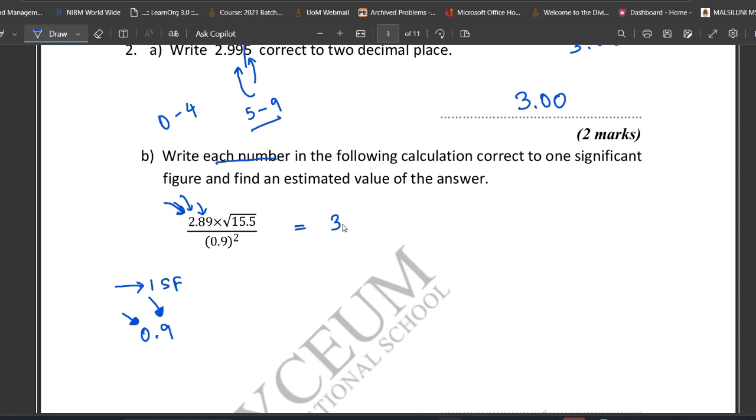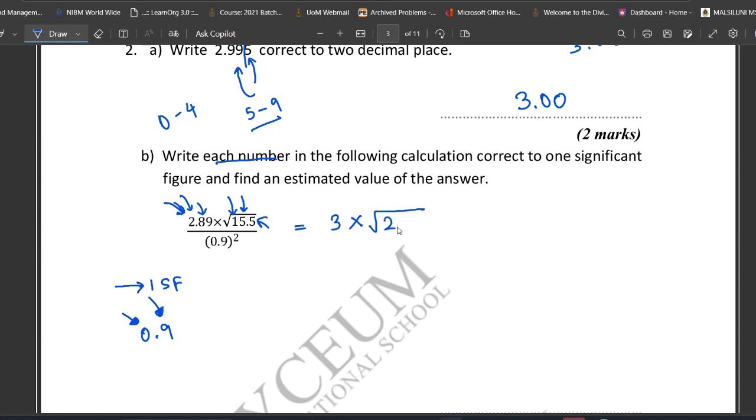So it's 3. So 3 times. Now when we come to this 15.5, the first significant figure in 15.5 is 1. The second significant figure is 5. So we have to add 1.